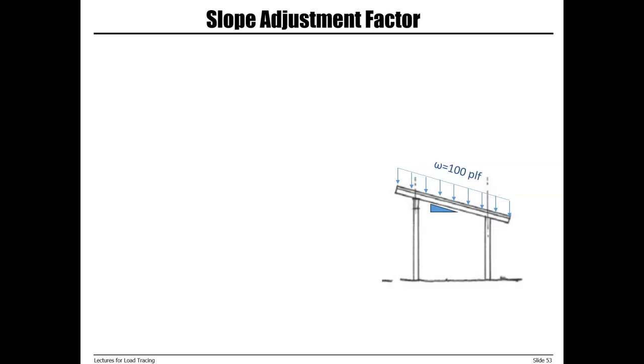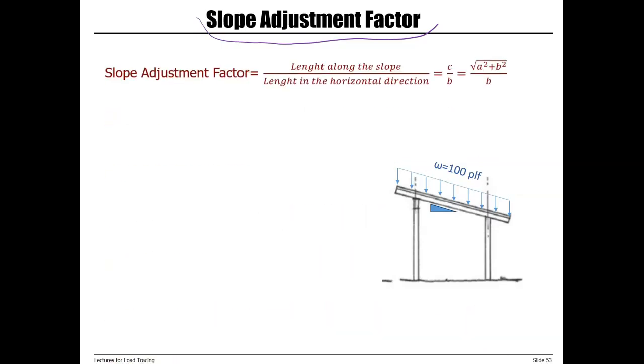Okay, so the next thing that we need to go over is a slope adjustment factor. So the loads are provided along the rafter or along the slope, and we need to convert them from along the rafter to the horizontal projection. So we have 100 PLF. We need to calculate the equivalent load on the horizontal projection. We need to use a slope adjustment factor.